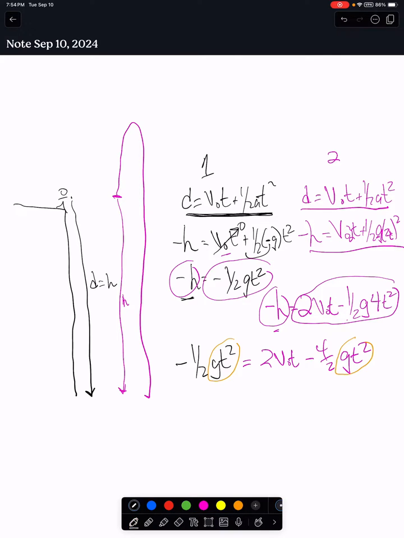So let me combine my like terms. I've got negative 1/2 GT squared.